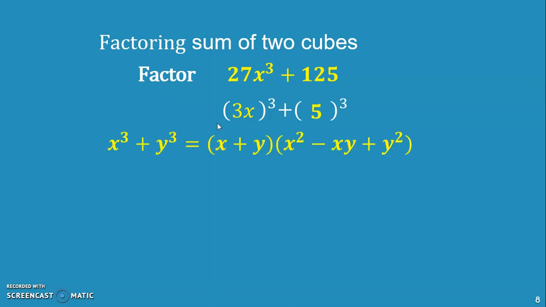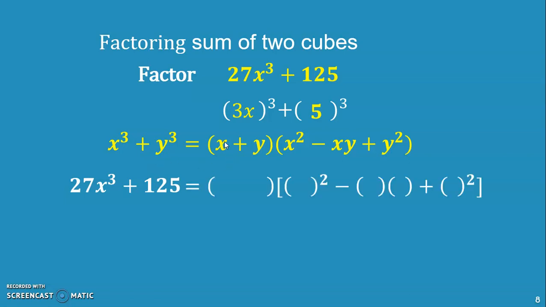So we will supply the missing term. We have the given 27x cubed plus 125. First factor natin, x is 3x, then plus y is 5. Then second factor, square of the first term is 3x minus the product of the first and second.